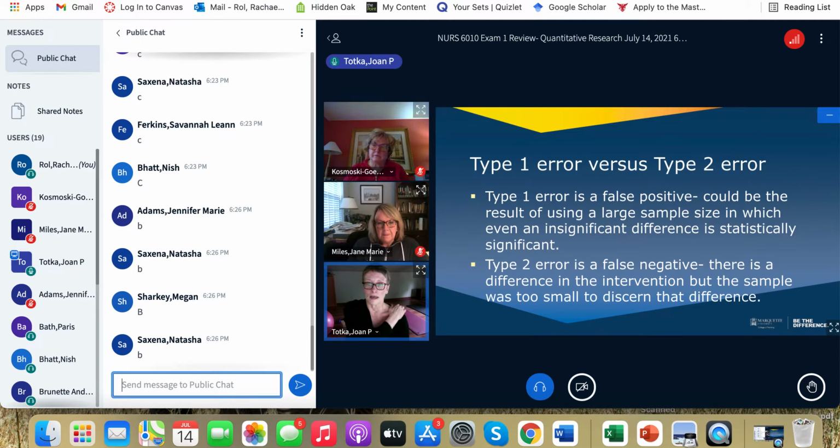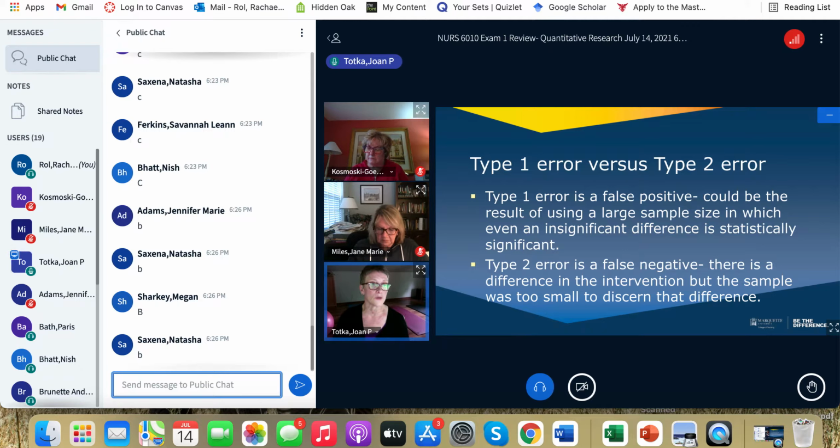And a type 2 error is a false negative. There's a difference in the intervention, so you see a clinical difference. You see people getting better, but there's no statistical difference. And that sometimes happens because the sample was just too small to discern the difference.